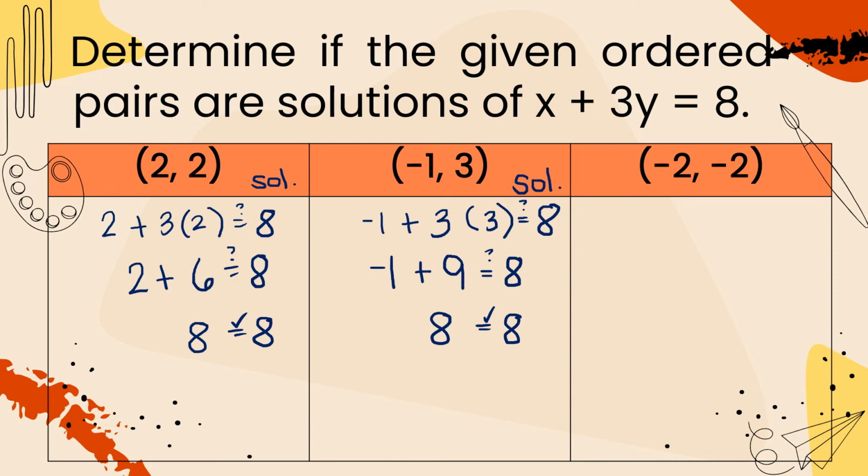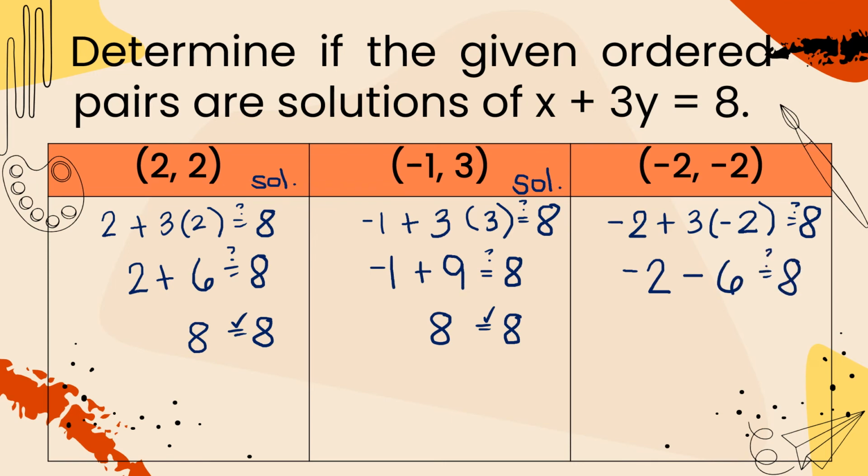Then lastly, we have negative 2, negative 2. So we have negative 2 plus 3 times negative 2. Is that equivalent to 8? So we check. We have negative 2. 3 times negative 2 will give us, yes, that is negative 6.